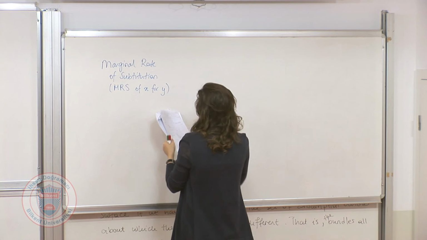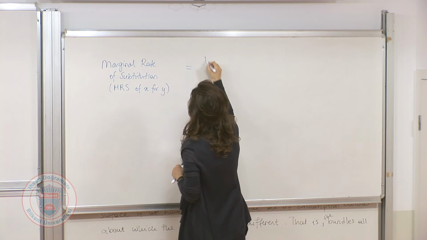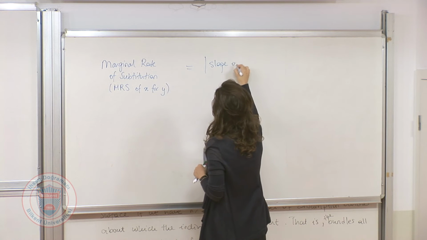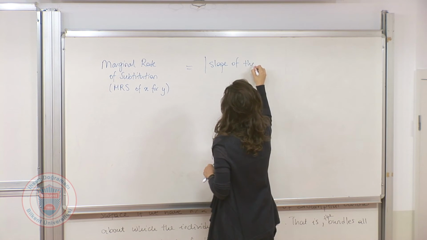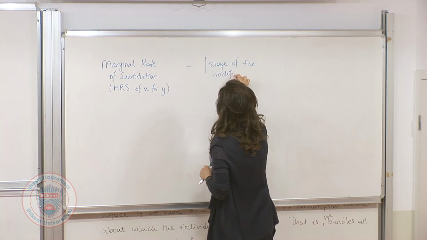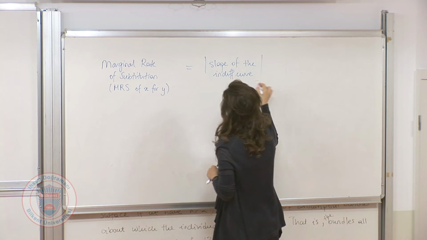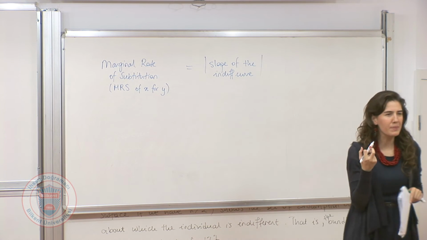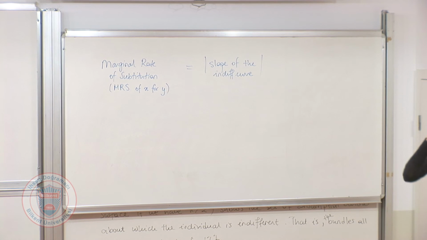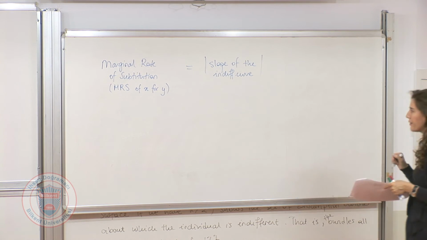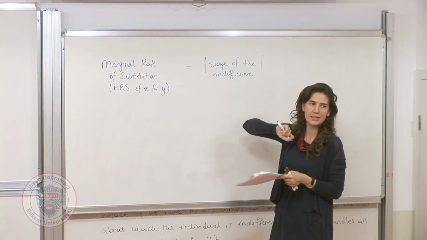This is basically the slope of the indifference curve. But marginal rate of substitution is a concept where we take the absolute value of the slope of the indifference curve, because we know that this is negative.